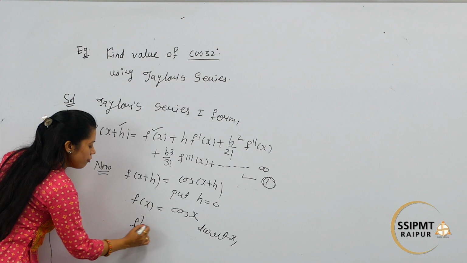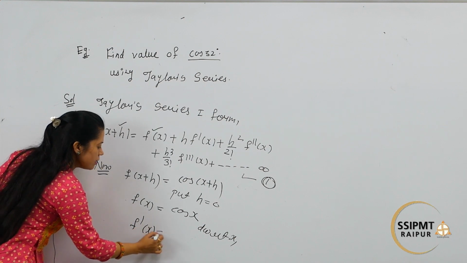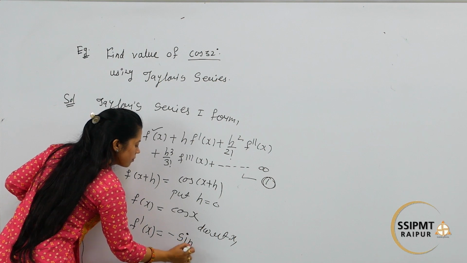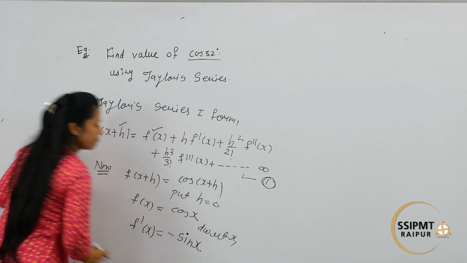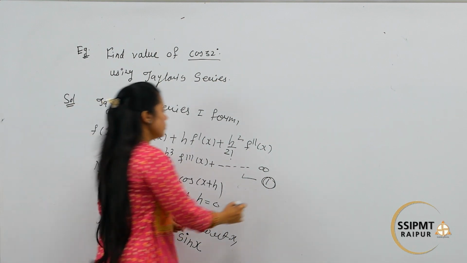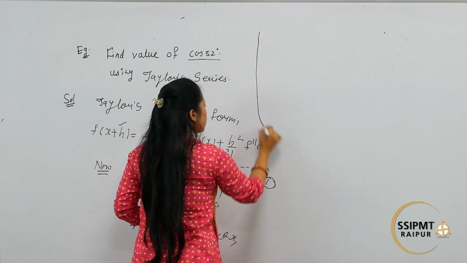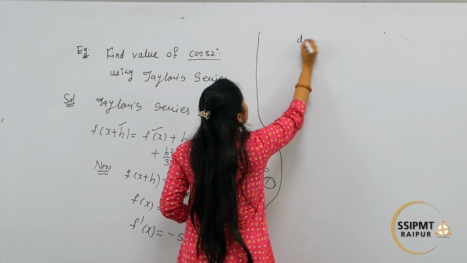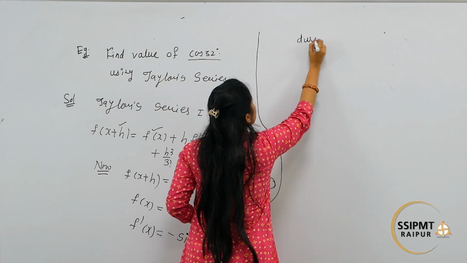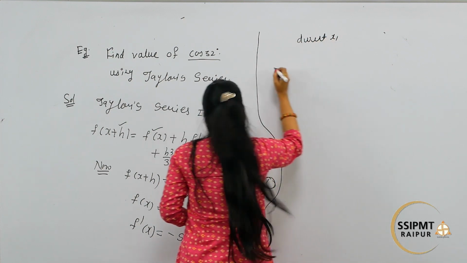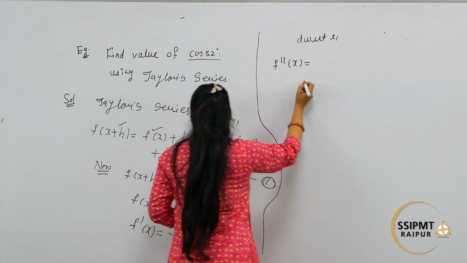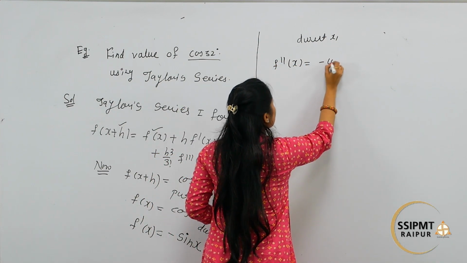We will have f dash of x as minus sin x. Differentiate the above line with respect to x again. We have f double dash x as minus cos x.